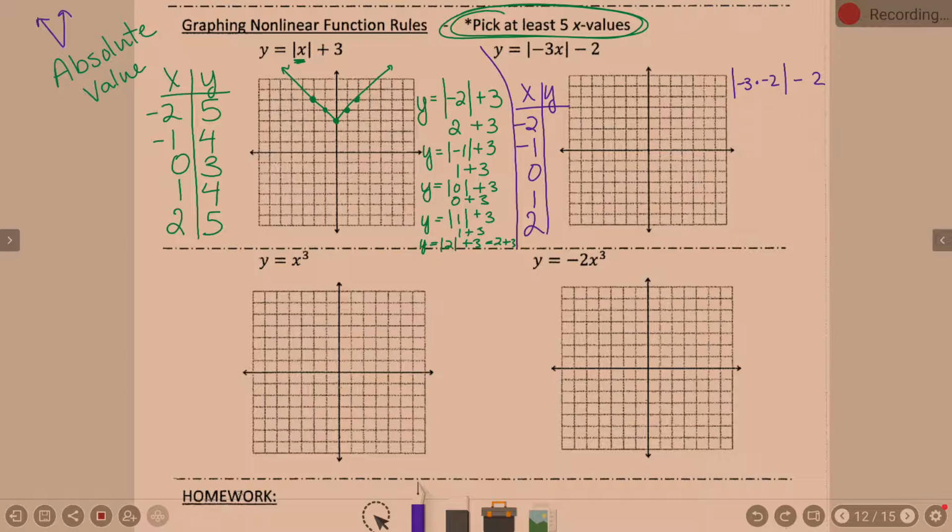And so then we're doing the absolute value of 6. What is the absolute value of 6? Absolute value of 6 just stays positive. So it's 6 minus 2, which is 4.